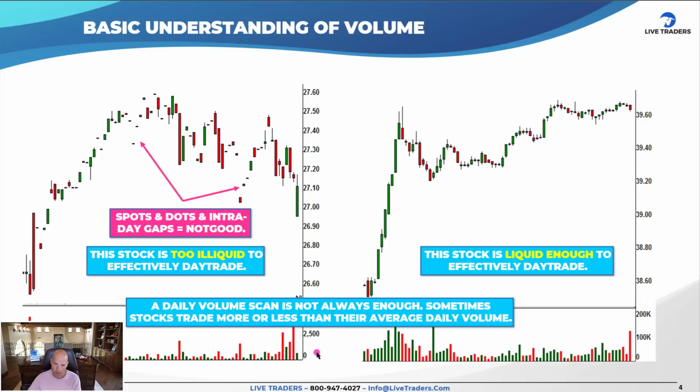Do you see this right here? This represents how much volume is there. You see the little 0, and then you see the 2,500. So this red bar right next to my cursor, that's about 2,500 shares. 2,500 shares put in this wide range red bar.